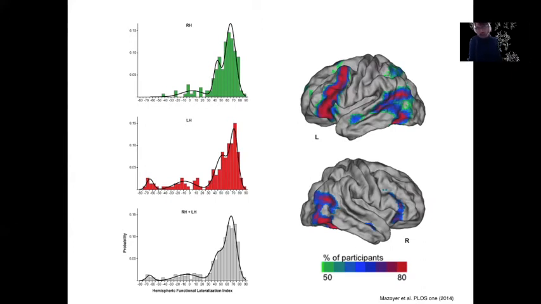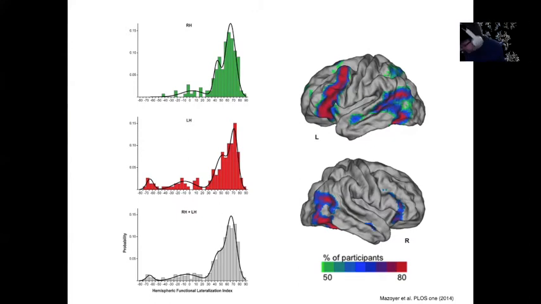Actually, most of the time they have language very comparably to right-handed participants, dominant in the left hemisphere. But your tail shows a small distribution of left-handed participants who have their language completely localized in the right hemisphere, a mirror of the classical organization of right-handers. So it does happen, but it is extremely rare.